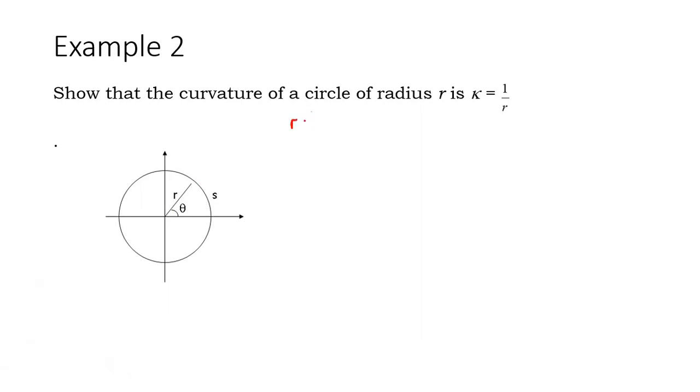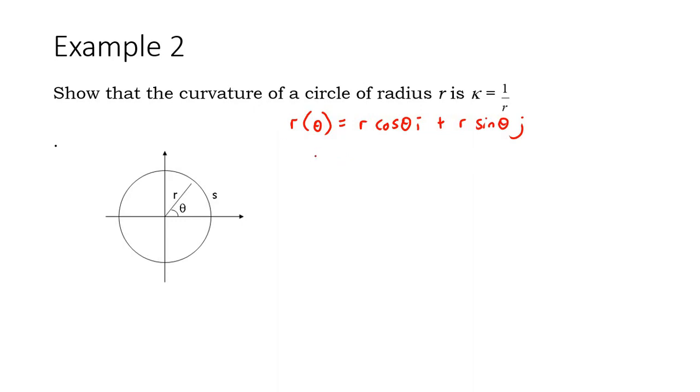r in terms of theta will be r cos theta i plus r sin theta j. The i component is x and the j component is y, so the parametric equation for the circle is x equal to r cos theta and y equal to r sin theta.